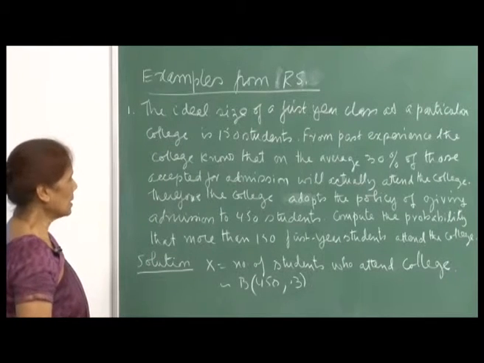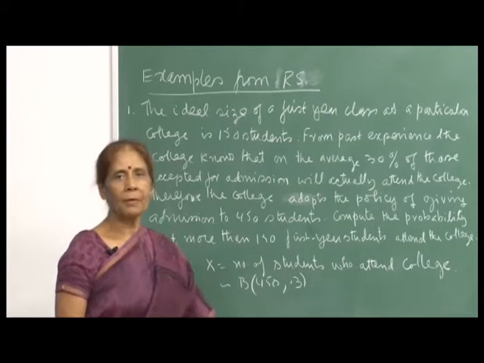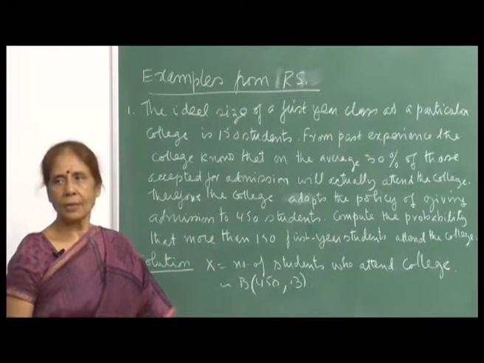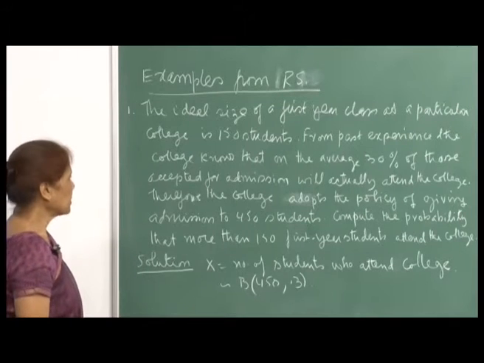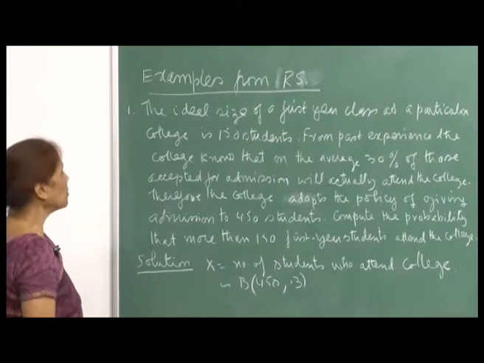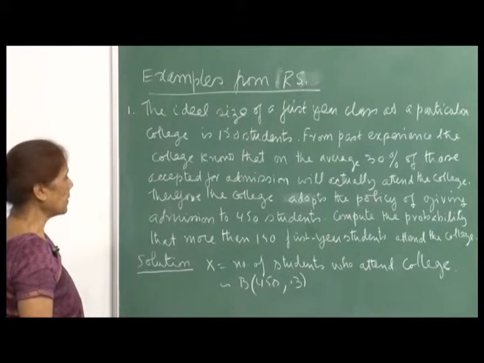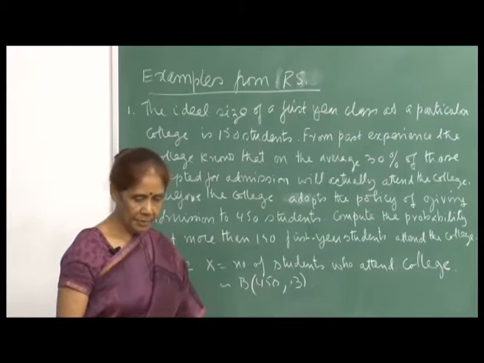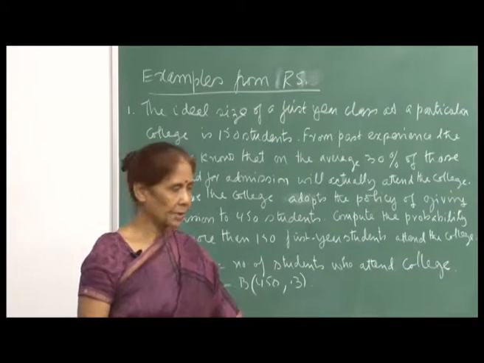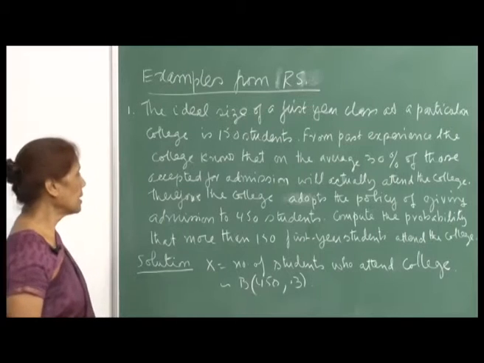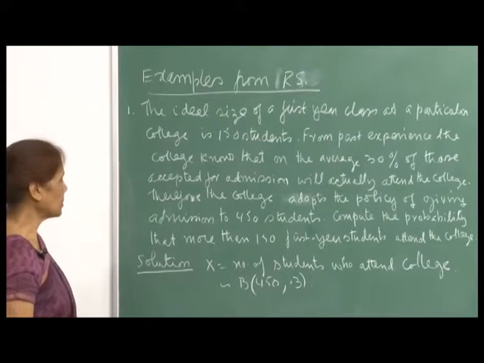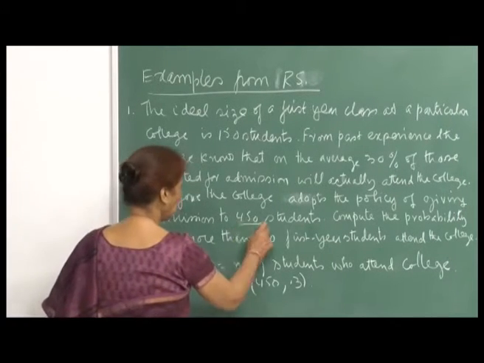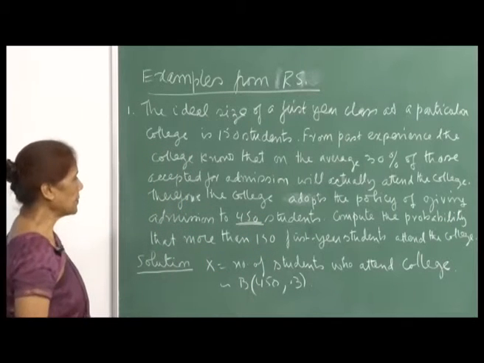So, the college has the experience that only 30% of the people who have been accepted for admission will actually attend the college. Therefore, the college adopts the policy of giving admission to 450 students, so that finally, after the dropout, they will still be left with a class of size 150. This is the idea. So, they decide to offer admission to 450 students.